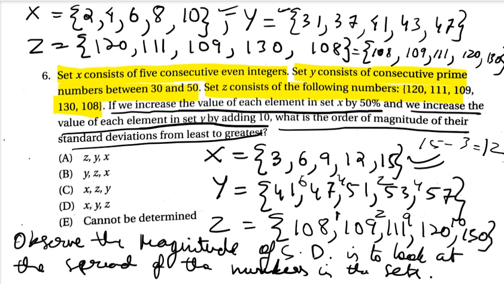The range of Y is 16, because 57, the highest term, minus 41, the lowest term, gives you 16. But what is the range of Z? The largest, 130, minus 108, which is 22. So 22 is the maximum range.